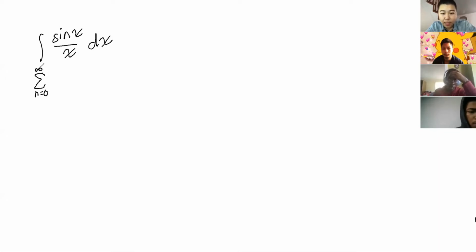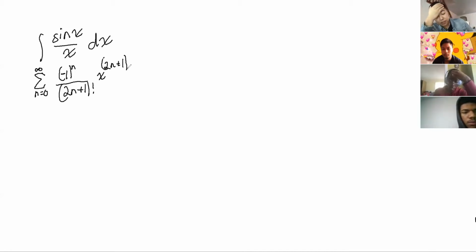Yeah. And then it's negative 1 to the n divided by (2n plus 1) factorial, multiplied by x to the 2n plus 1. Okay. So we can use what we know about that, since we can basically algebraically manipulate this.